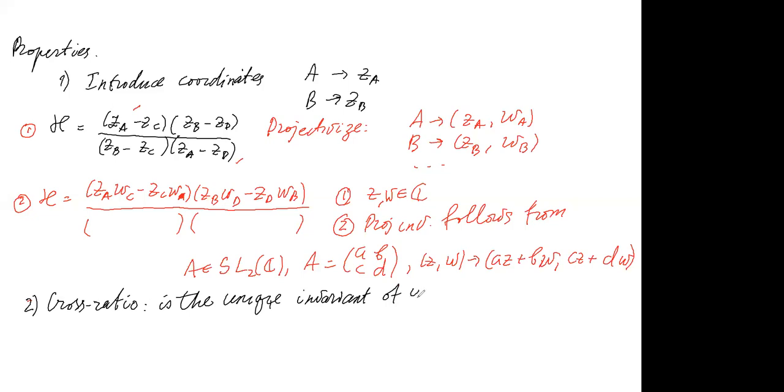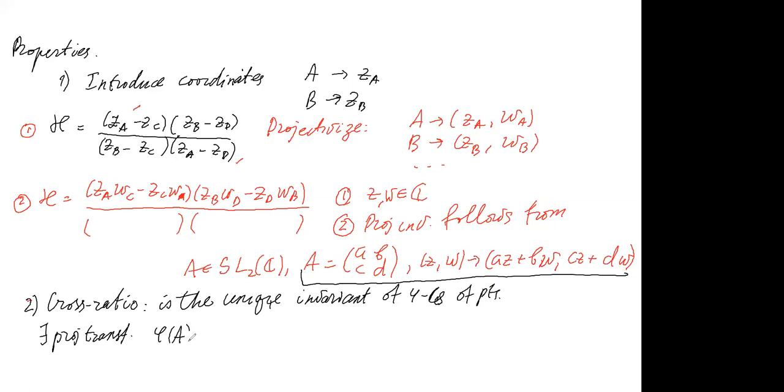Namely, there exists a projective transformation, that is a transformation of this form, such that phi of A is equal to A1, and so on, phi of D is equal to D1, if and only if corresponding cross ratios coincide.